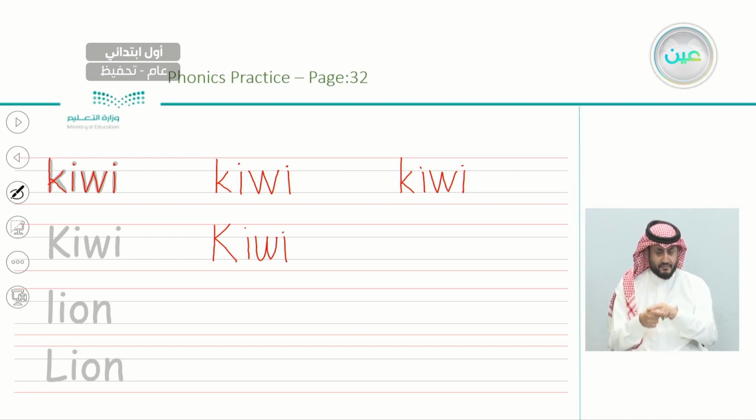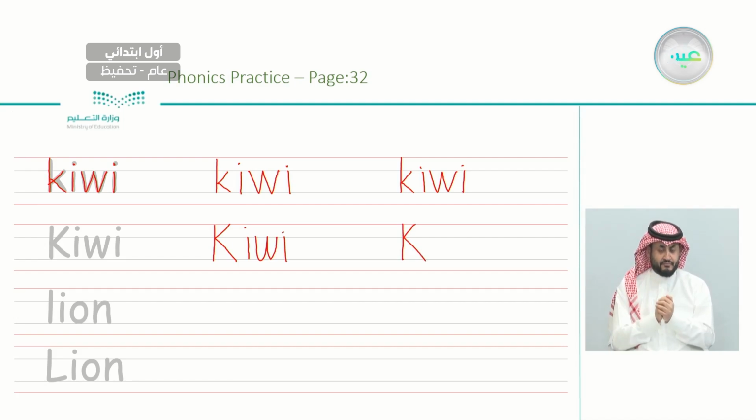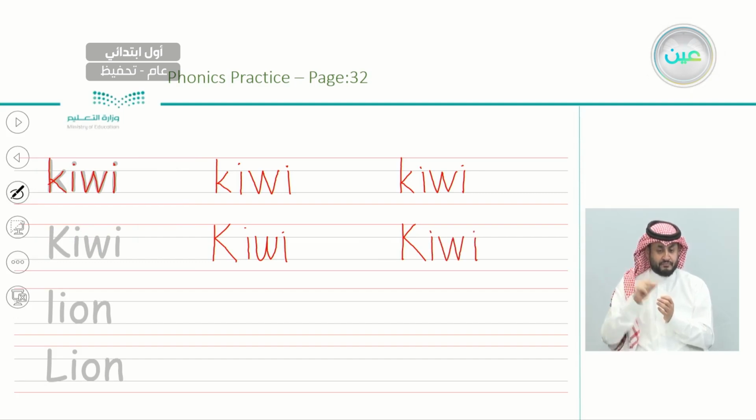Again, K capital form, I between number 2 and 3, W, and I again. Excellent. This is kiwi in small and in capital. What about lion?